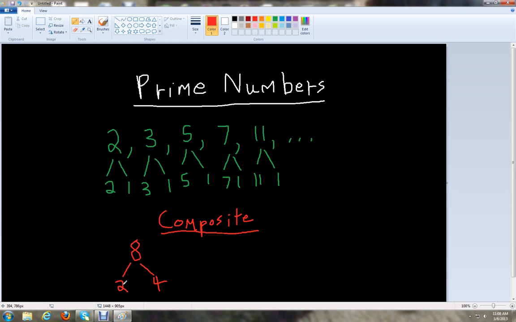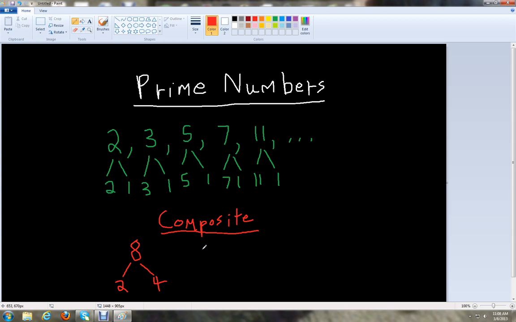So its factors are not only 1 and itself. 2 and 4 and also 8 and 1 are factors of 8.